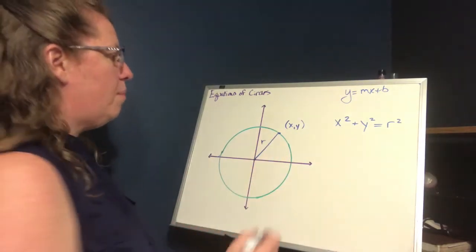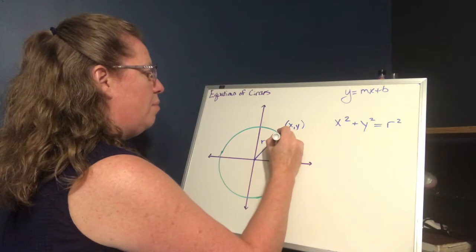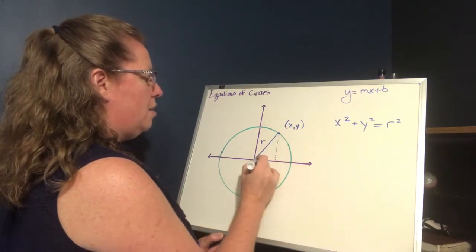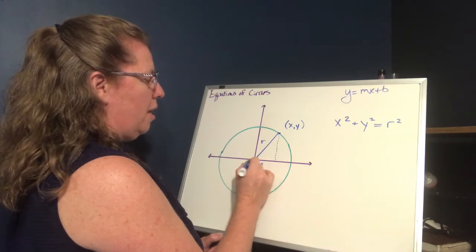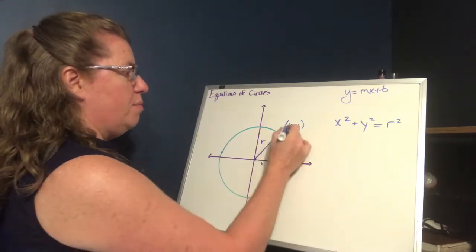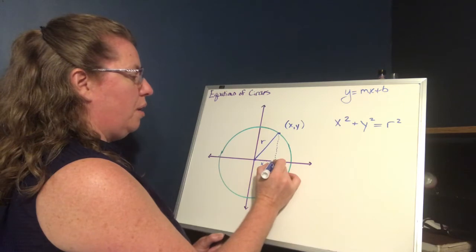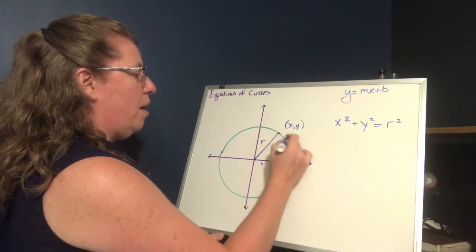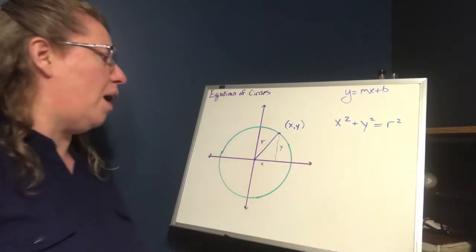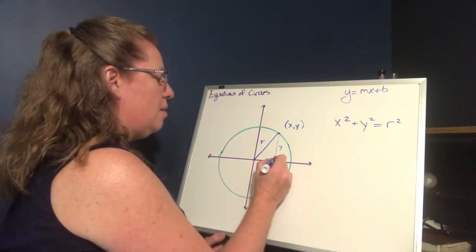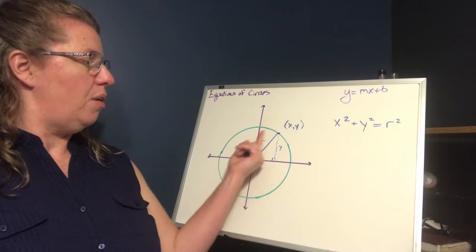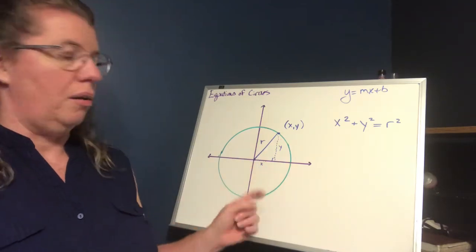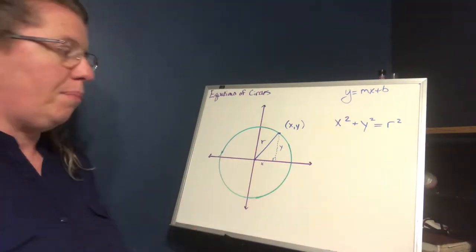And if you think about it, we can make this into a nice little right triangle where the distance along the x-axis is x, because that's how far over my x-coordinate goes, and the distance in the y direction is y. Now if you think about it, since it's a nice little right triangle, look at what we have here. We know that there's a relationship in the right triangle between the legs and the hypotenuse.